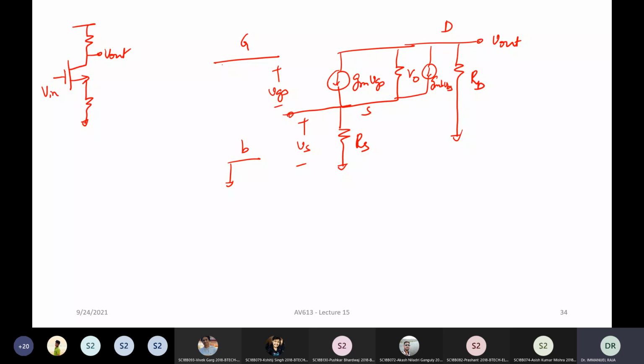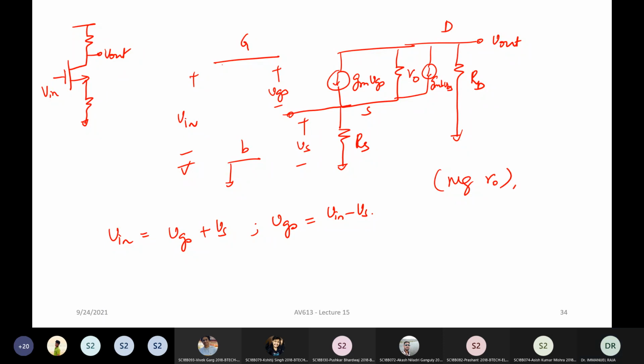Let's look at the gain. Input is given between gate and ground, so Vin can be written as VGS plus VS, or in other words, VGS can be written as Vin minus VS. Now, for the time being, if we neglect ro, what is VS?